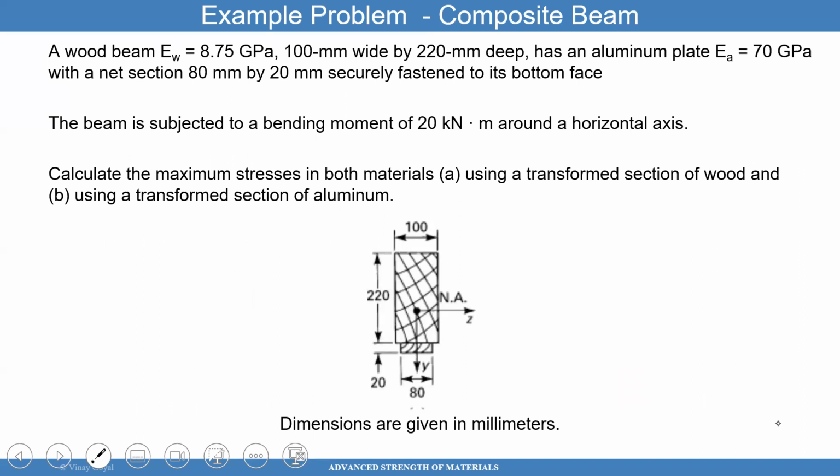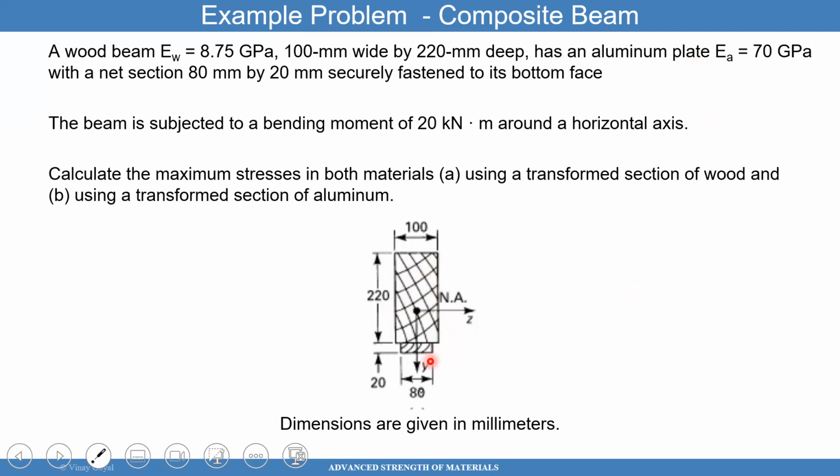In this case, it is given to us that the beam is subjected to a bending moment of 20 kilonewton meters around the horizontal axis, around the z-axis. And what we have here is a wood material that's 100 millimeters wide, and we're talking about this piece here, and 200 millimeters deep.